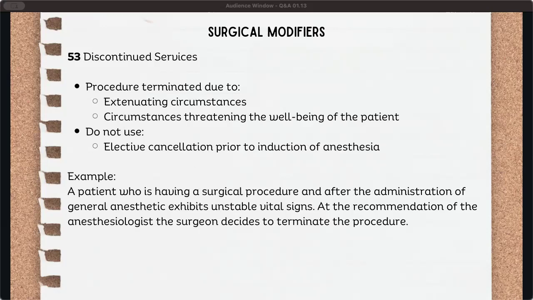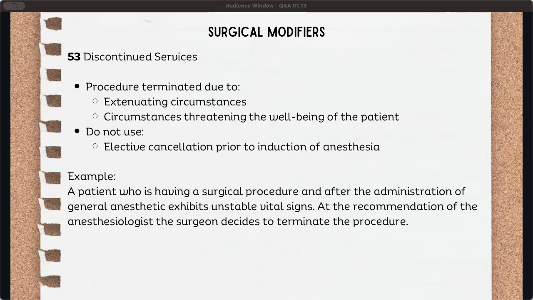Next, we have modifier 53, and this represents a discontinued procedure. So if a procedure is terminated due to extenuating circumstances or any circumstances that threaten the well-being of the patient, then we should use modifier 53 with your procedure code.